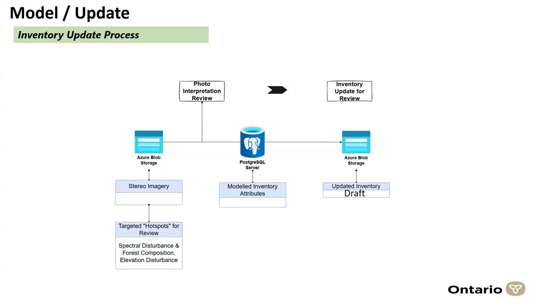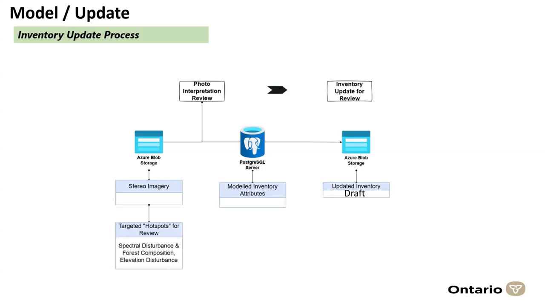We want to compare what we're seeing during the time of LiDAR acquisition and field plot collection back to what was assessed in a fully photo interpreted data set in terms of species composition.